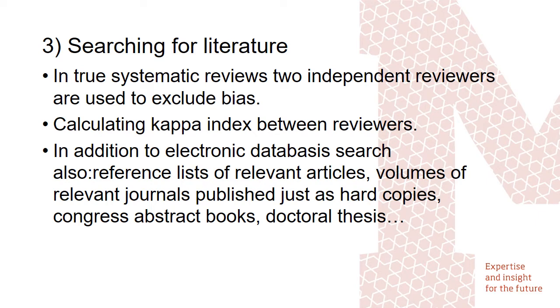And often a kappa index, or at least an agreement percentage between different reviewers at the different stages of the search process, is calculated. Not mandatory, but it's easy to do and tells something about how well the different reviewers agreed in this search process.